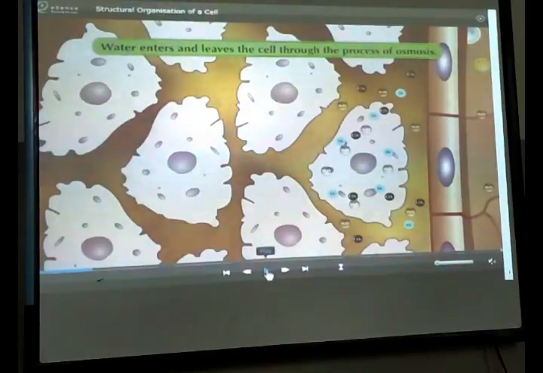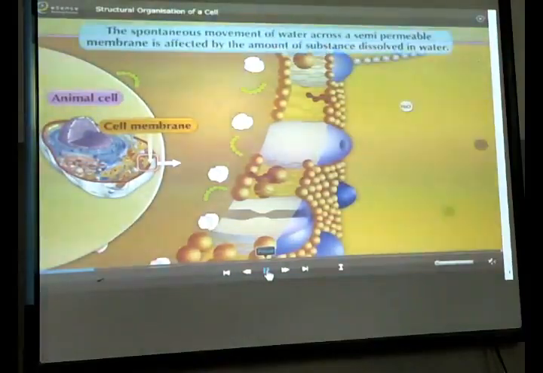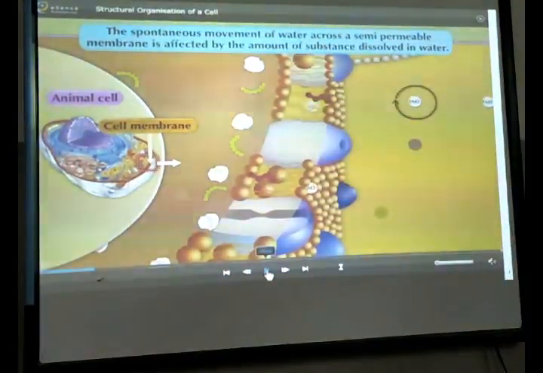See here on the screen we can see that the spontaneous, continuous movement of water across a semi-permeable membrane is affected by the amount of substance dissolved in water.